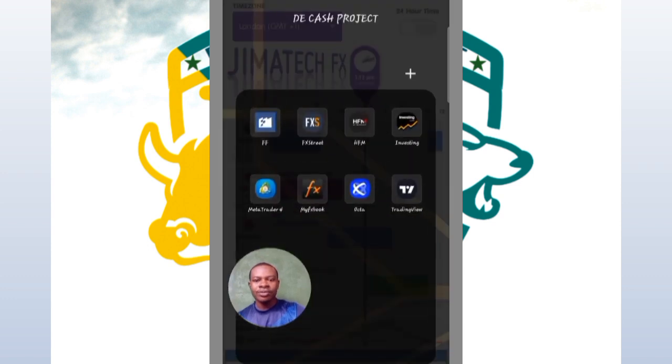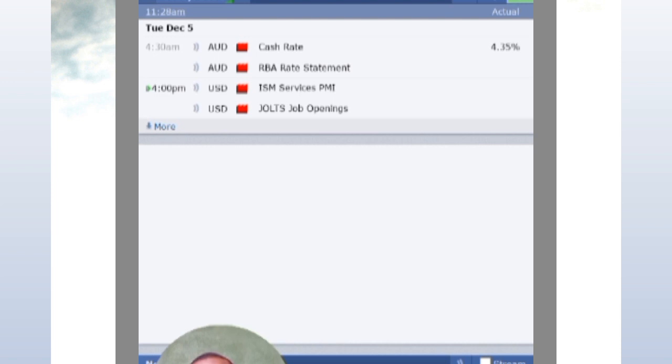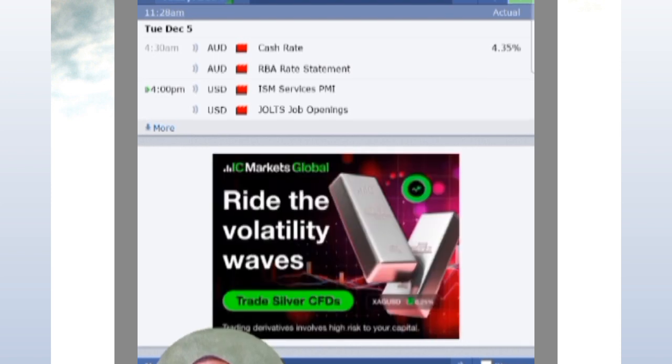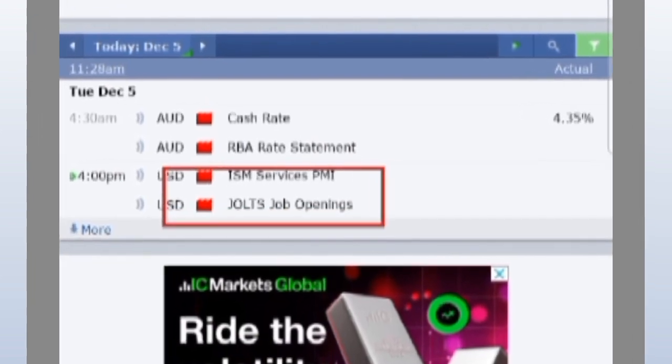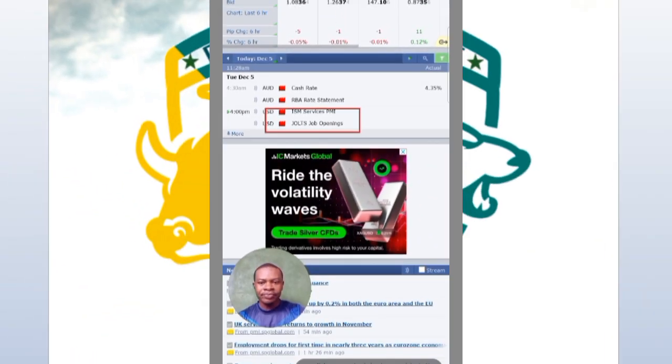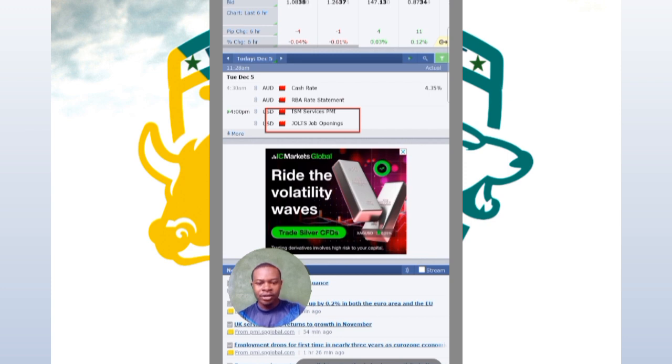If I go to Forex Factory, right here on Forex Factory, you can see that there is news on the US dollar coming up by 4 p.m. today. And if you look at that news, they are all high impact news.